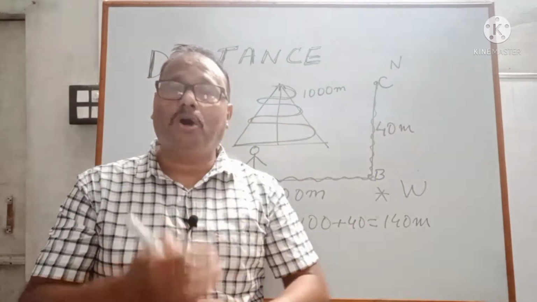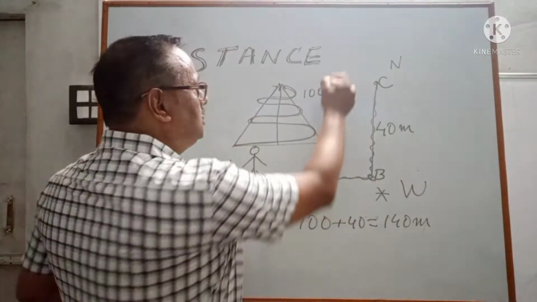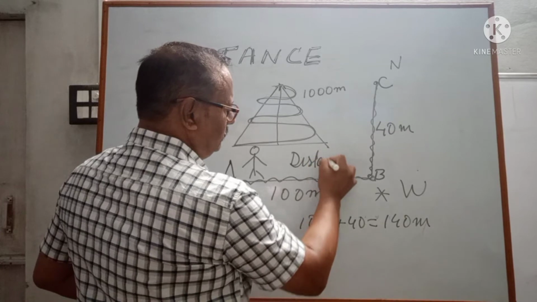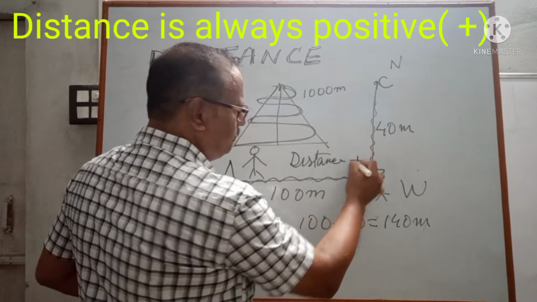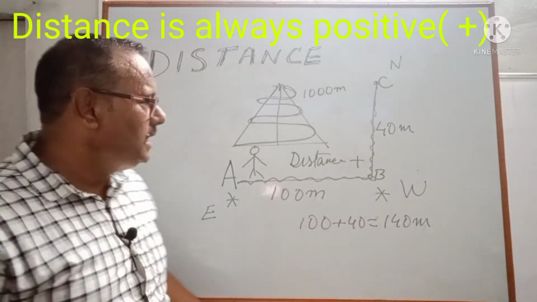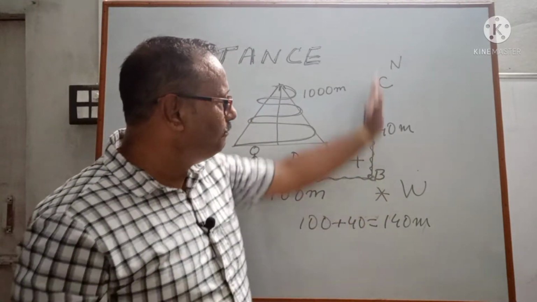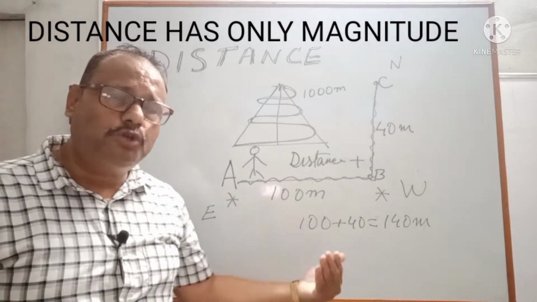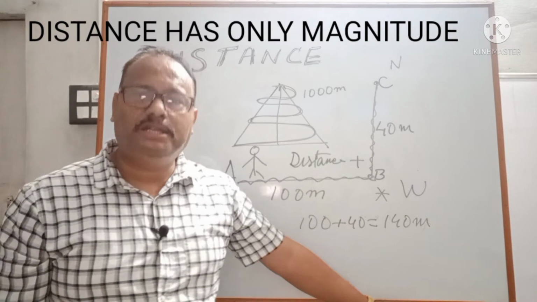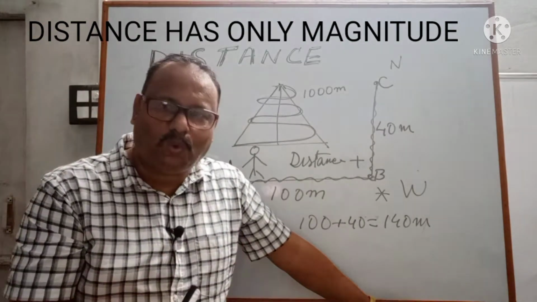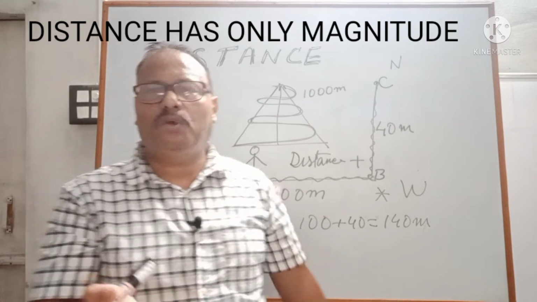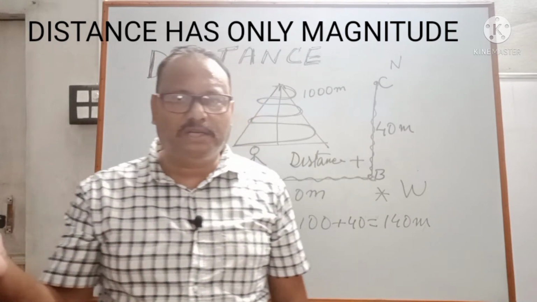That means it is always positive. So distance will always be positive. Distance can never be negative. Plus, one more thing to be understood in case of distance: distance has only magnitude. That means the quantity, how much. If I say 1 rupee, rupee is the unit, 1 is the magnitude.